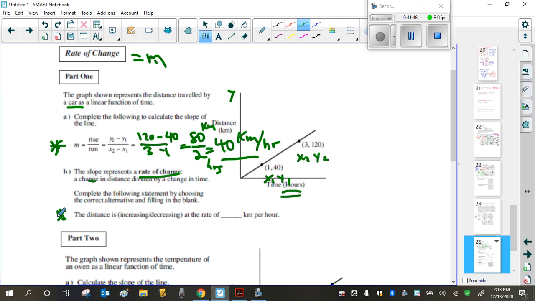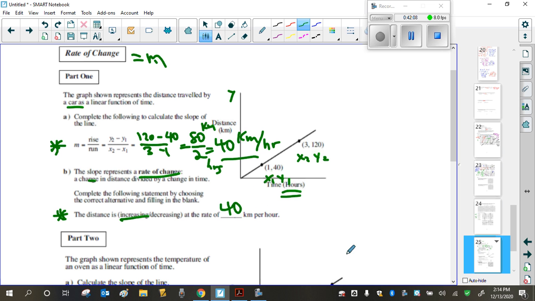Okay, so go ahead and fill in this. Is it increasing or decreasing? Distance is increasing at the rate of 40 kilometers per hour.